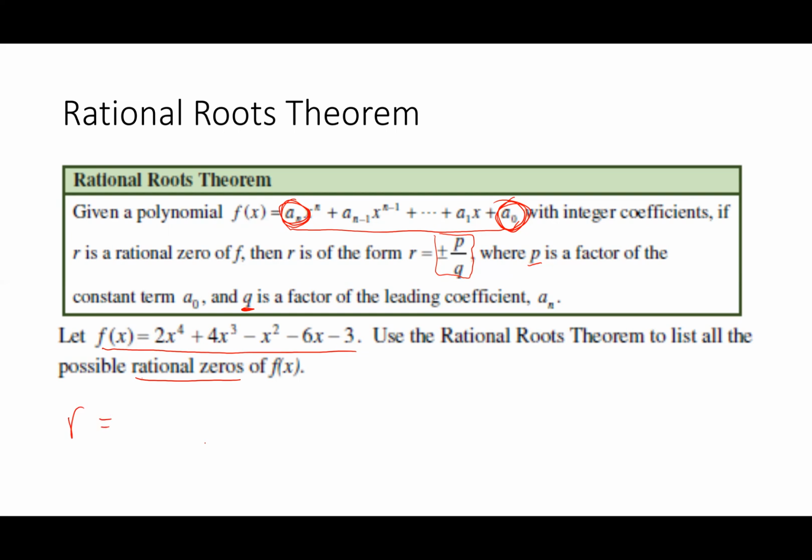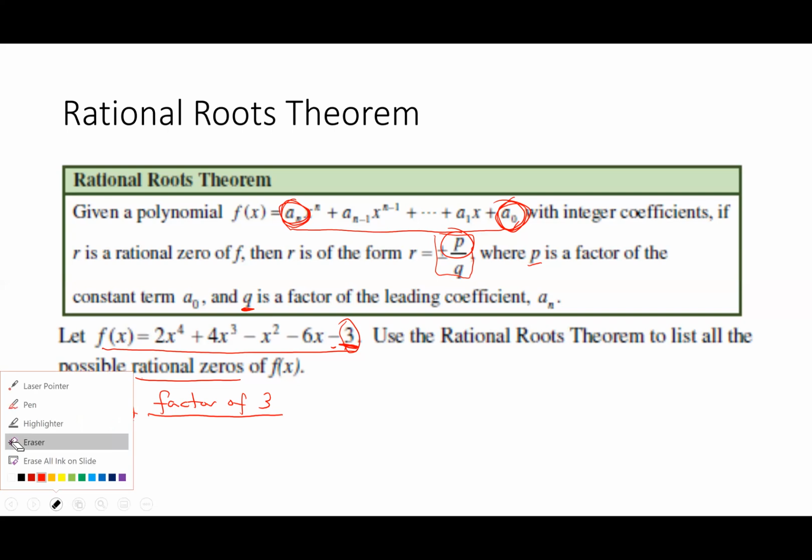First, we're going to look at the constant, which is going to be my numerator. It's always going to be plus or minus the factors of my constant term, which is 3. If you notice, I don't pay any mind to the sign because that's already paid attention to there. So let me erase that now so that that's clear.